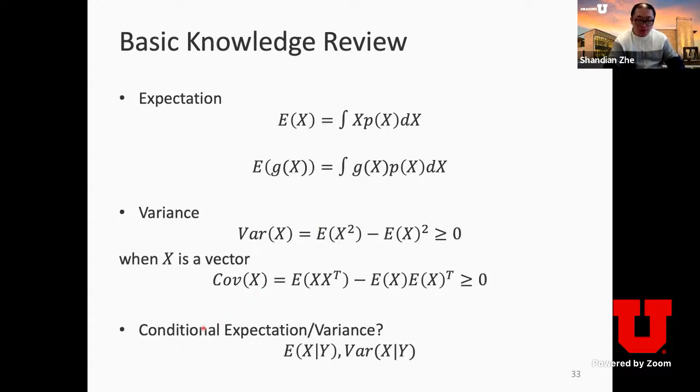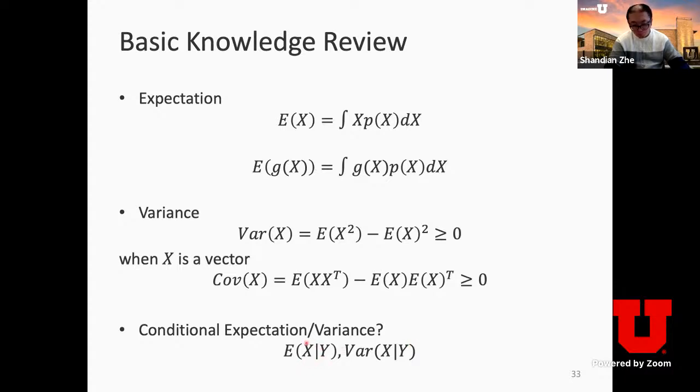And then again, we can generalize the idea of expectation and variance to conditional expectation and variance, right? We can calculate the conditional expectation of x given y and the conditional variance of x given y.